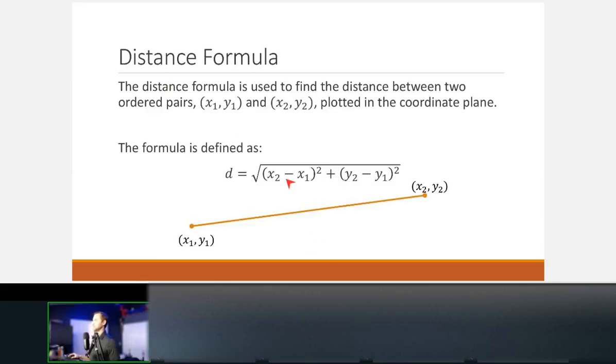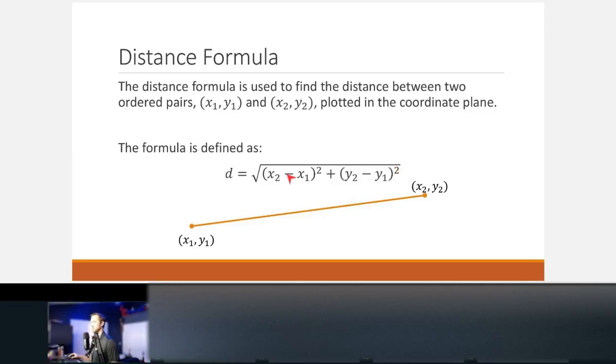Distance formula. Just like yesterday, we had a midpoint formula. Well, we have a distance formula. This should look really familiar from geometry. The formula is d equals the square root of x sub 2 minus x sub 1 quantity squared plus y sub 2 minus y sub 1 quantity squared.